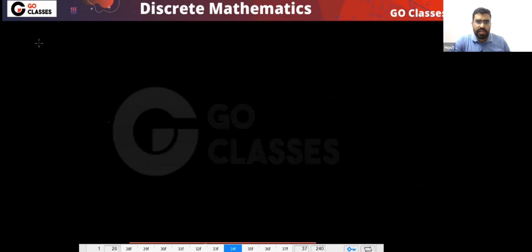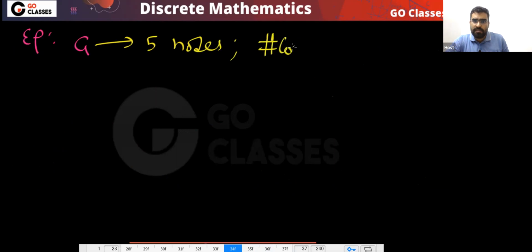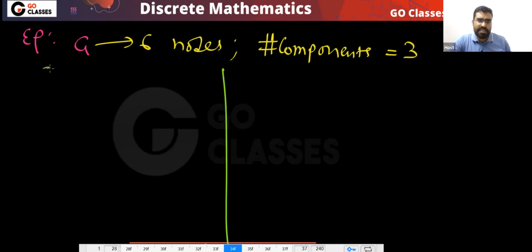For example, you can have a G with five nodes, and let's assume the number of components is 3. Now I want to remove one vertex and get the maximum number of components.